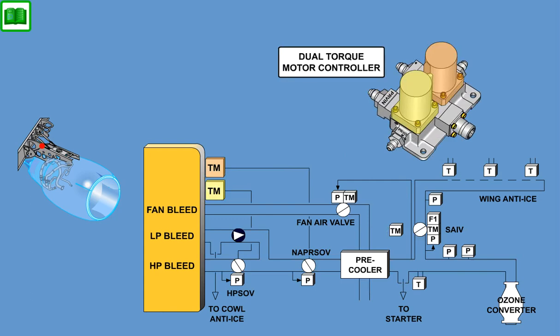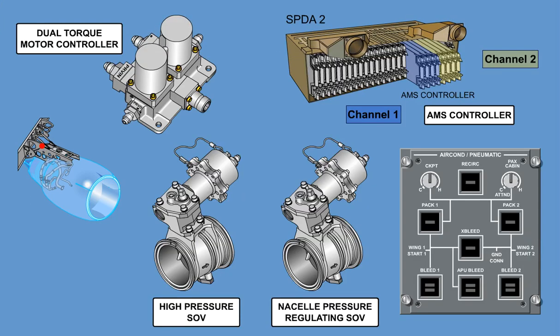The nacelle valve controller is mounted in the pylon with pneumatic pressure lines routed to high-pressure and nacelle valves. It is a dual-torque motor controller which controls servo air pressure to the high-pressure bleed valve and nacelle pressure regulating valve. It receives control signals from the AMS controller and from the cockpit control panel.